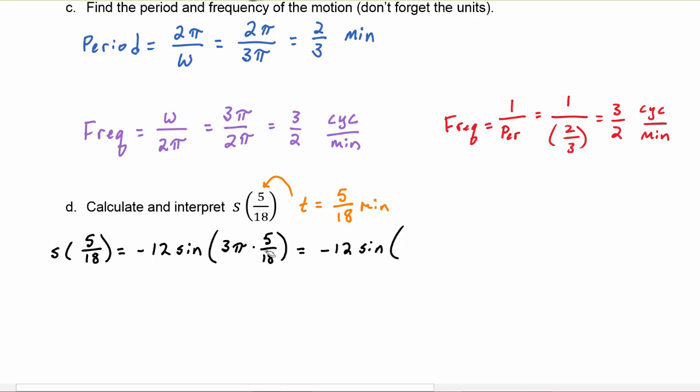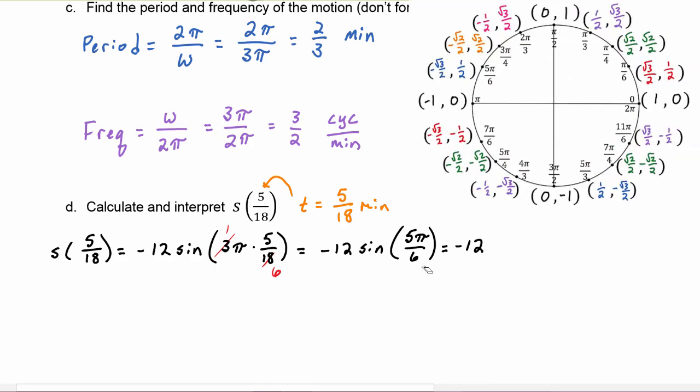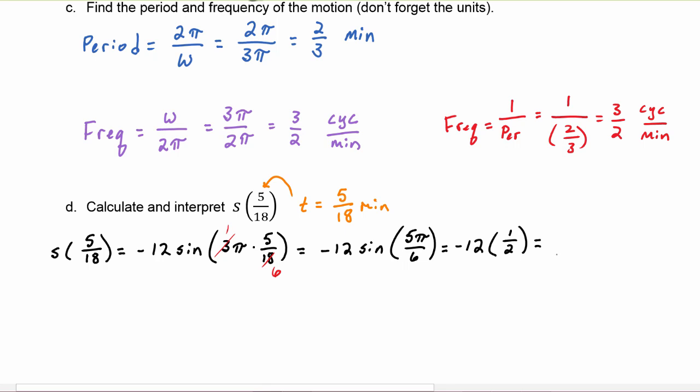Well, 3 goes into 18 6 times. So the argument of the function becomes 5 pi over 6. We get negative 12, and from our unit circle, we know that the sine of 5 pi over 6 is 1/2. So negative 12 times 1/2 becomes negative 6. And the units in this problem for S are centimeters.